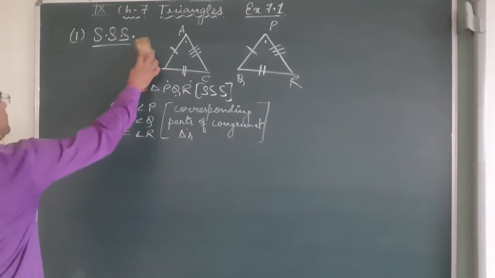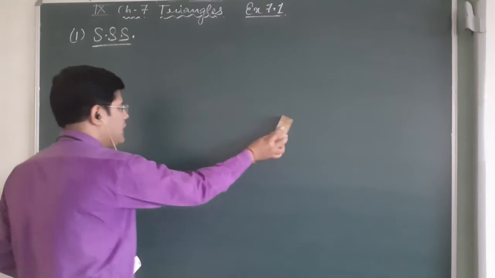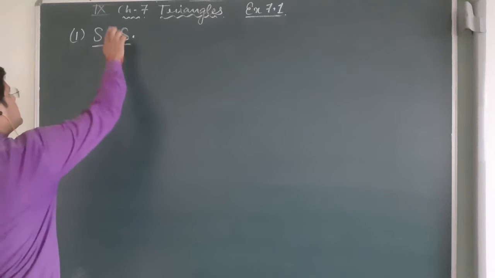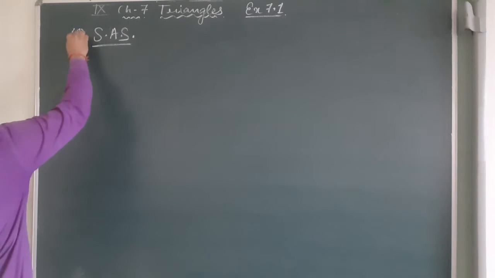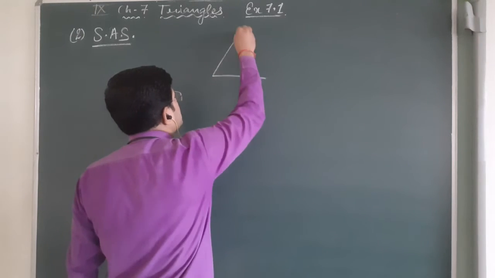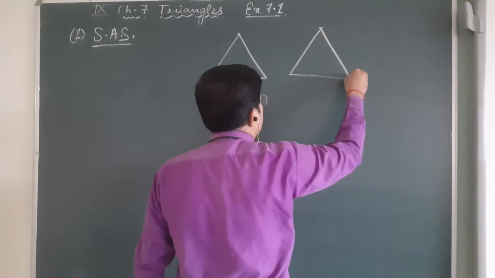Now let's move to the second rule, known as SAS. If two sides of a triangle and the angle included between them are equal.